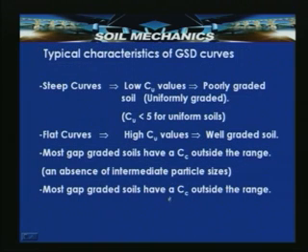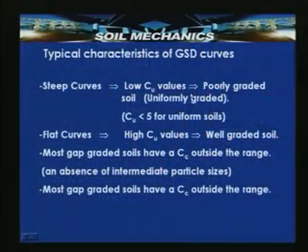Typical characteristics of the GSD curves: it is possible for us to get different types of curves with different steepness, inclinations or slopes of the grain size distribution curves. If the curve is steep, it indicates that the Cu value is low and it is a poorly graded soil.